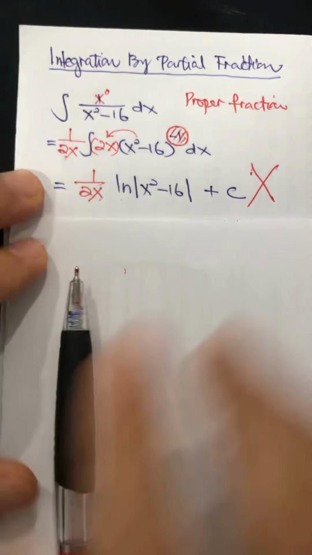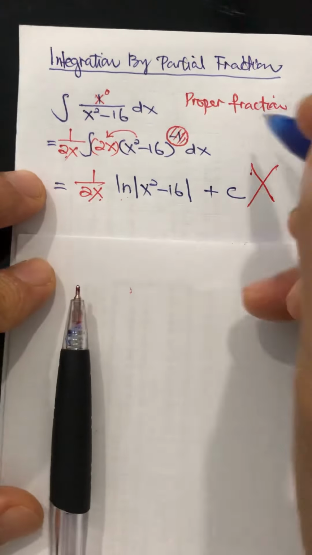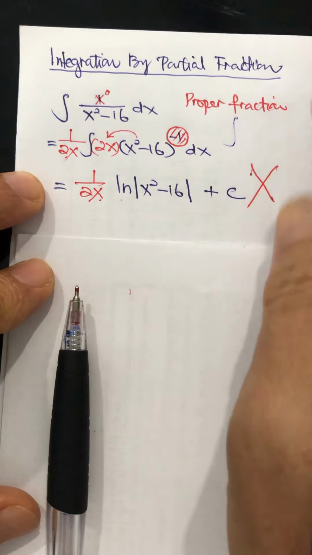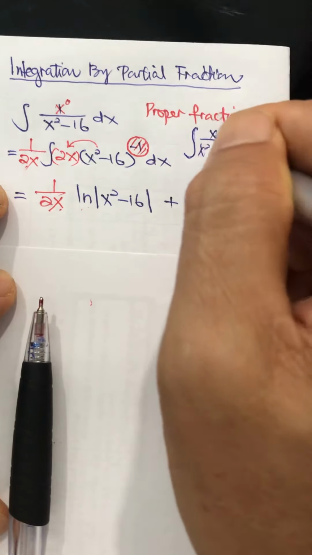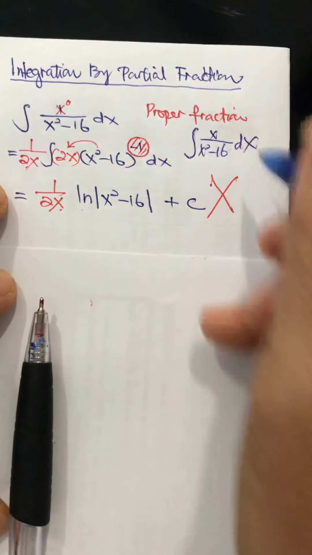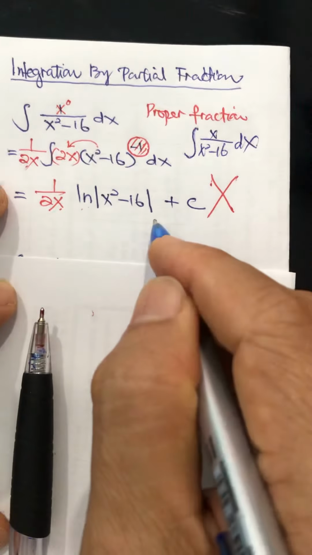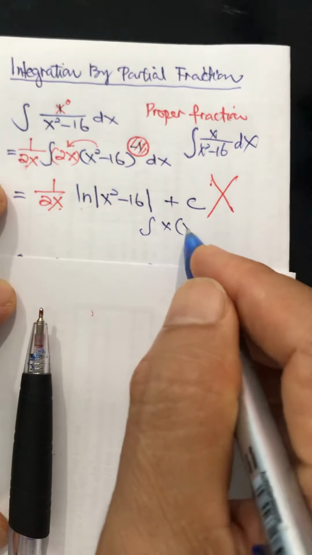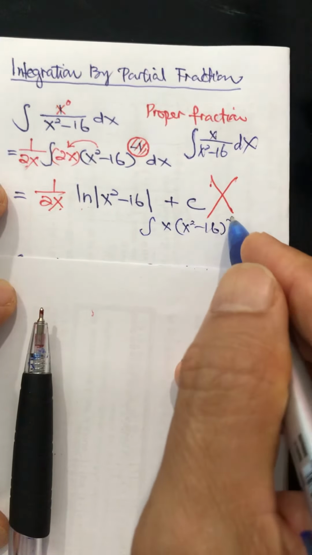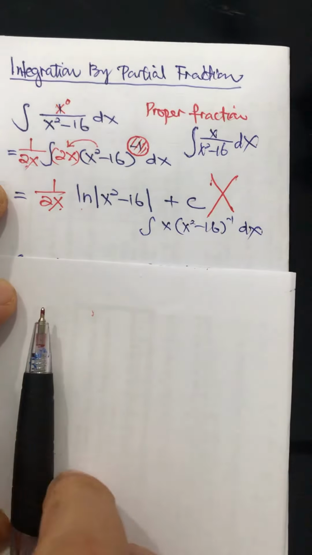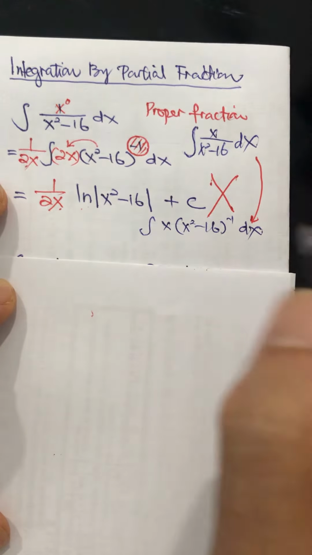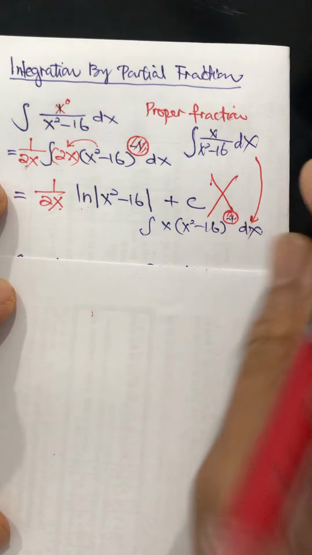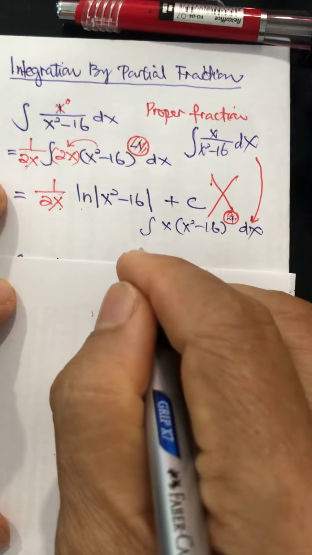Okay or not? What I mean is, let's say you want to integrate this: x over x squared minus 16 dx. This can be written as x times x squared minus 16 to the power negative 1 dx. Correct? I write it here because there's no space. So here, this negative 1, when I integrate, I will get ln.